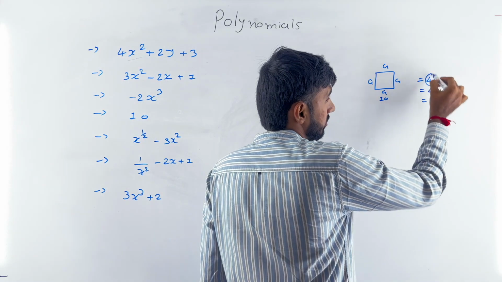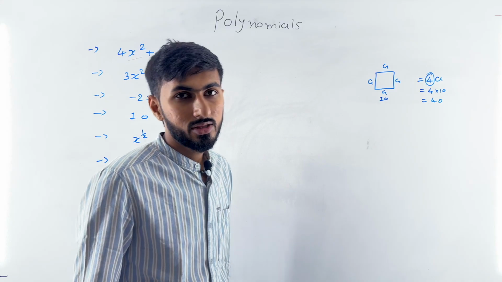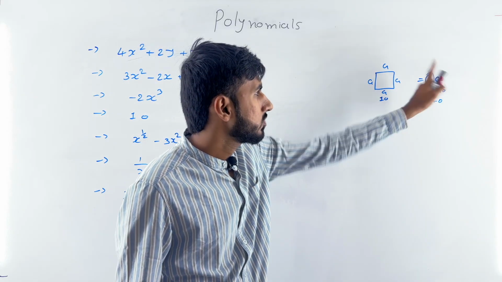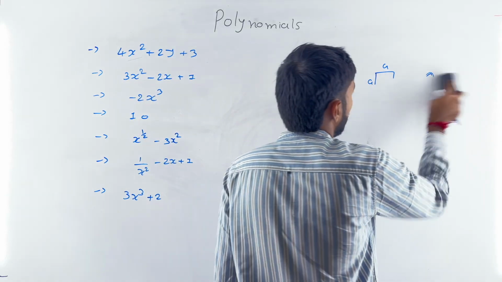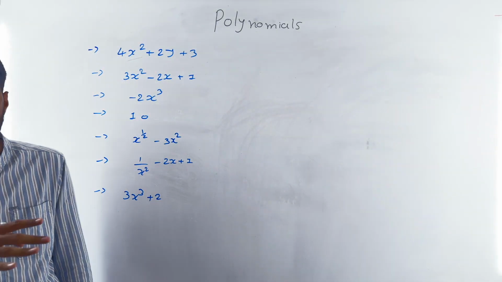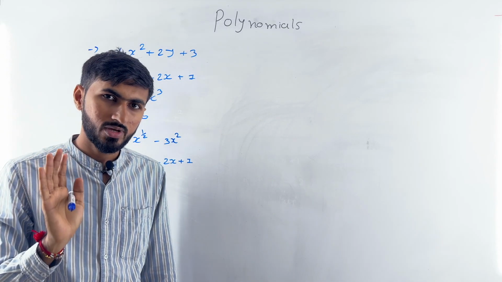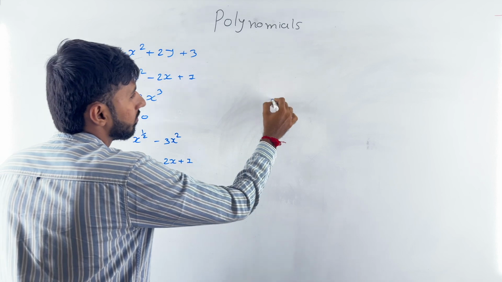I cannot change the value of 4 because every time I have to multiply the side with 4, right? So 4 is a constant and A is a variable. It should be clear that a variable can take any values, but a constant will be the same as it is, right? Now, what is a polynomial?